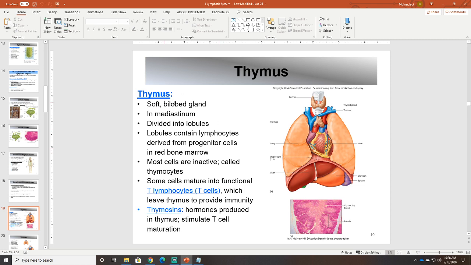Basically, the thymus is the site of maturation for T cells. B and T cells get their start in the red bone marrow. B cells will mature in the bone marrow, and T cells will mature in the thymus. Then you may remember from the endocrine unit that the thymus also produces thymosins, which are a local hormone that stimulates T cells to mature.